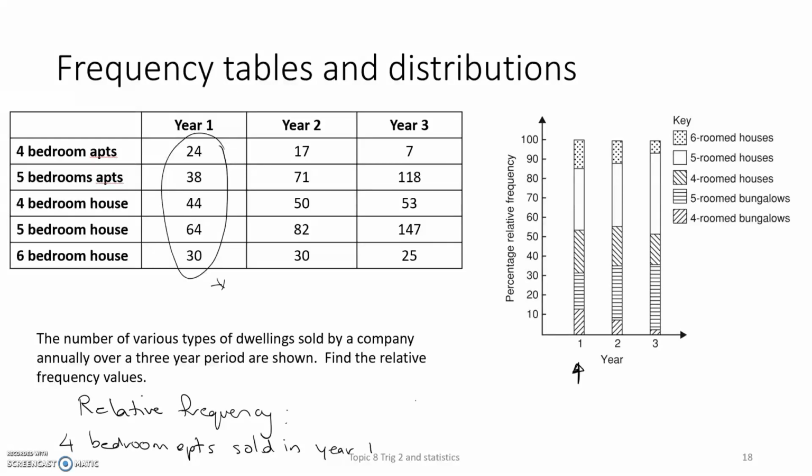So we're going to say, well, that's 24 out of the total, which would be 24 plus 38 plus 44 plus 64, plus 30, and then to turn it into a percentage, we'd multiply it by 100 over 1. And that would give us, if you use your calculators, 12%. So it's a frequency that will tell us that there are 12% of 4-bedroom apartments sold in year 1 of this data.